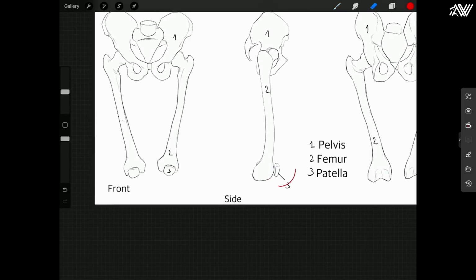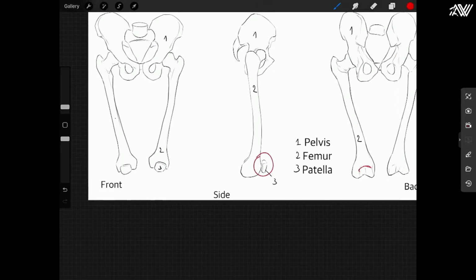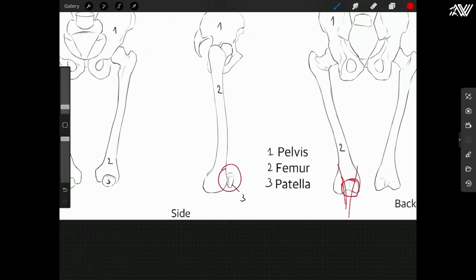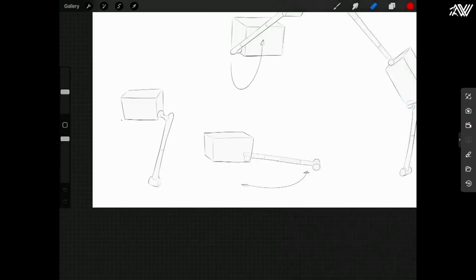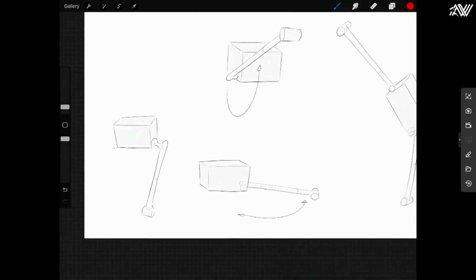But so that's the patella that sits in between, or actually sits on top of the femur, and it kind of has this nice wedge where it can wedge into and where the tendons can run across, and that's the knee joint in itself.